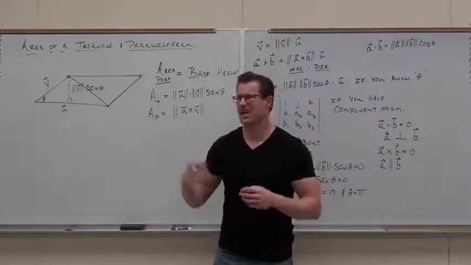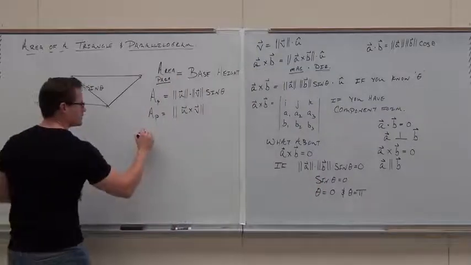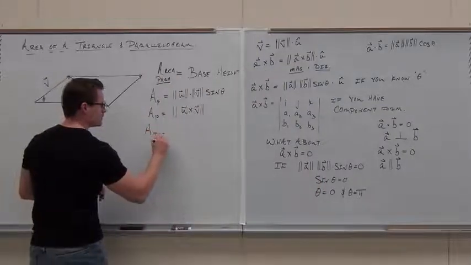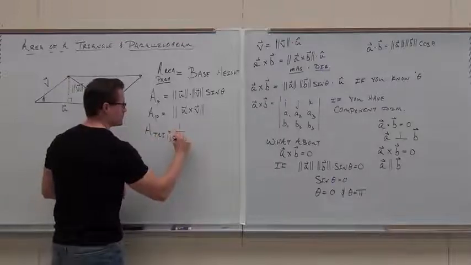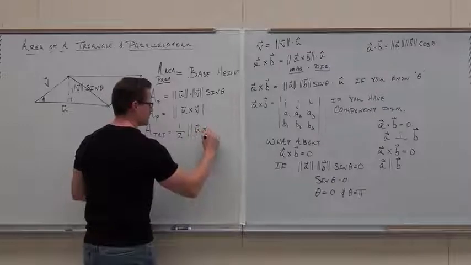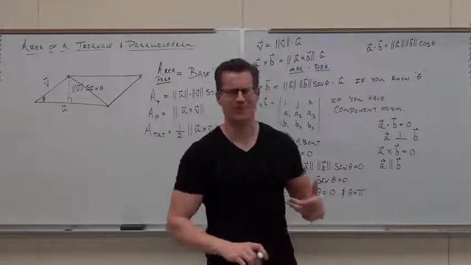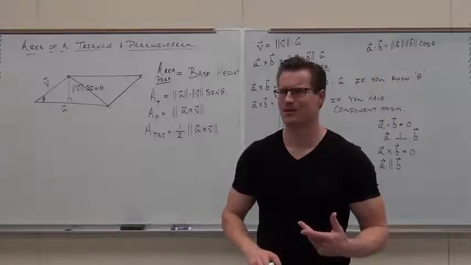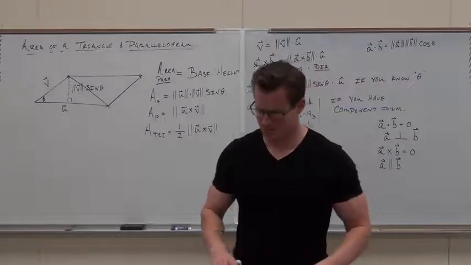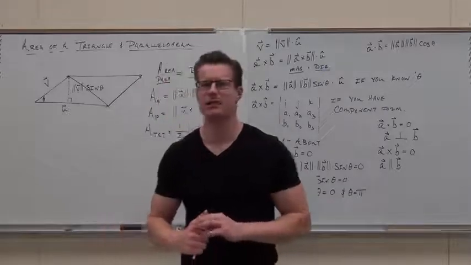Just half, like half base times height. Did you expect that the cross product was going to have anything to do with the area of a parallelogram? It's kind of cool. It's really interesting. If you really think about it, kind of funny.